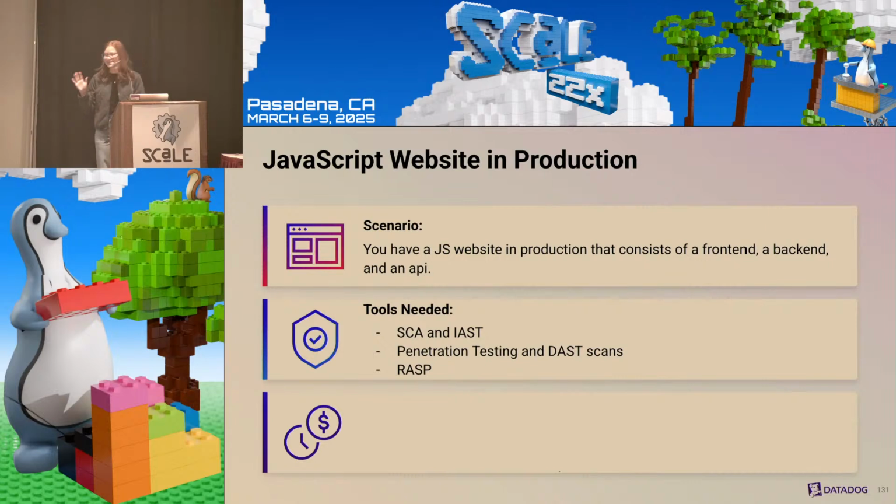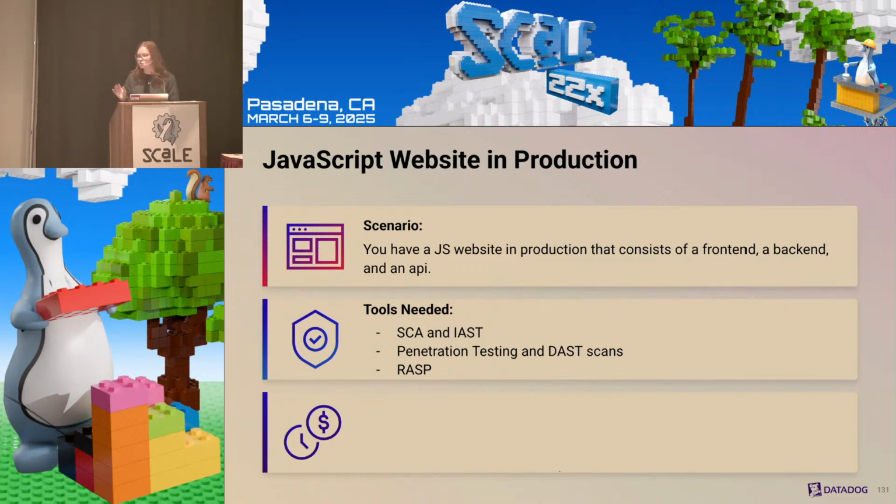I want SCA scans because I hear JavaScript, immediately I think of the hundreds of thousands, if not more, of dependencies that JavaScript has. So I want those dependency scans. I also want the interactive application security testing scans because we're in production. We've got running code. We want that runtime context.